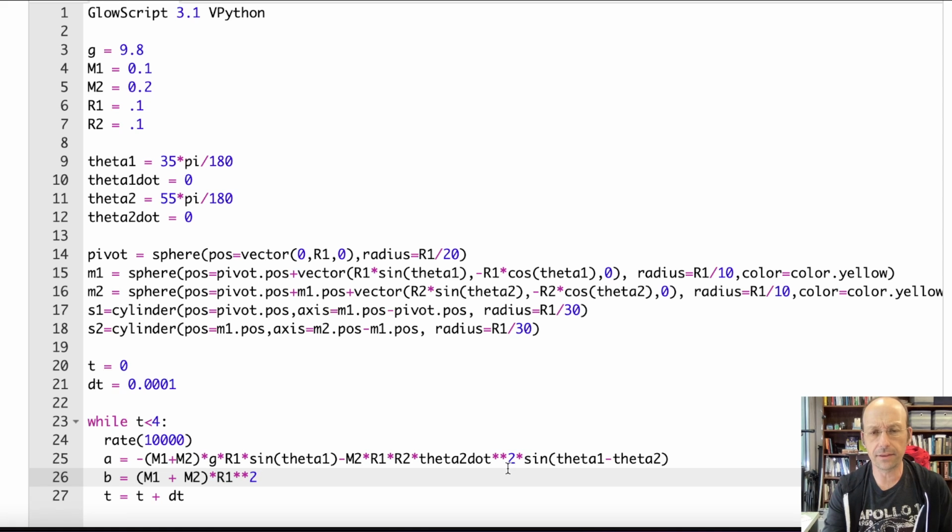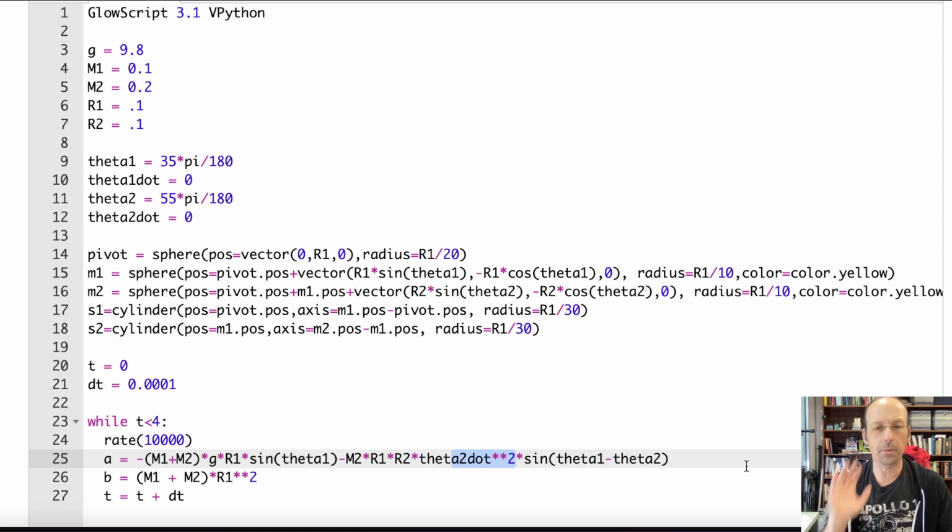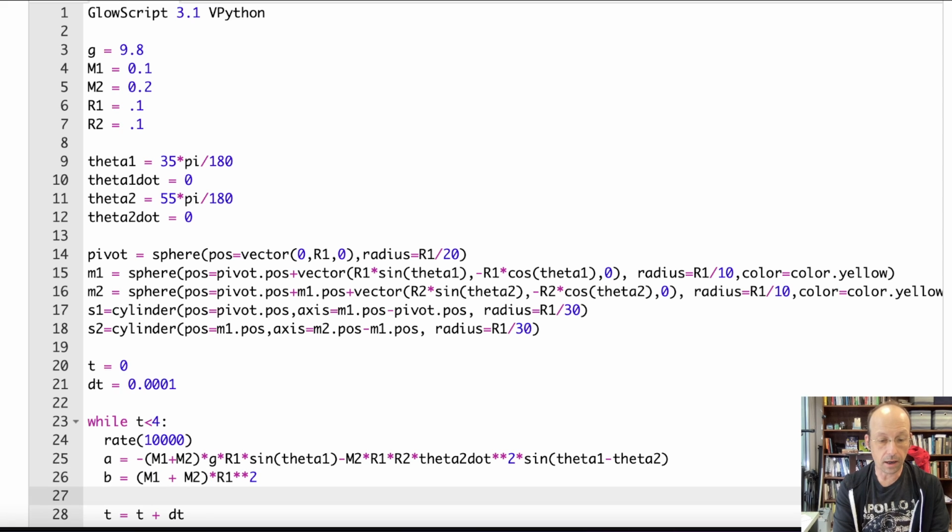Also, I should point out, I always get scared doing this. I want to make sure it's not theta 2 dot squared raised to this whole power, but it does work that way, so it's fine. C equals, and I'm using lowercase m2 for the variables, m2 times r1 times r2 times cosine of (theta 1 minus theta 2).